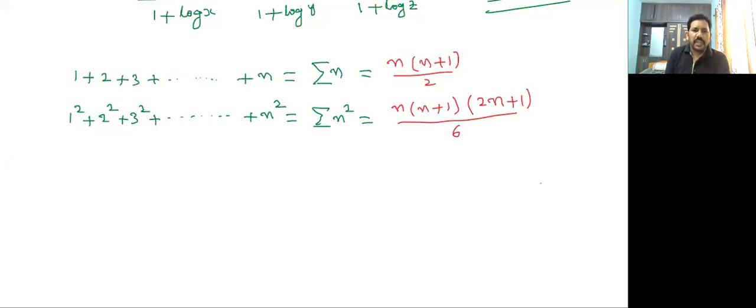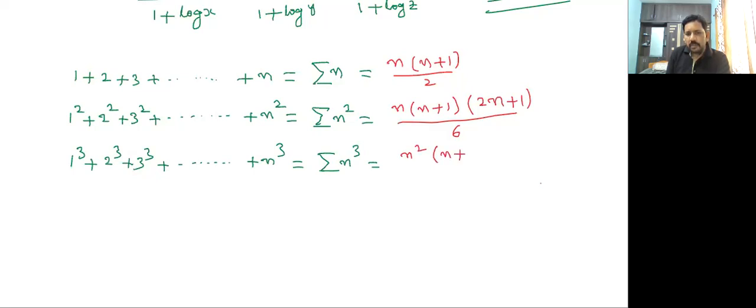Next, sum of cubes of n natural numbers: 1 cube, 2 cube, 3 cube, and so on n cube. In short form we write sigma n cube. That formula is n square into (n plus 1) whole square divided by 4.